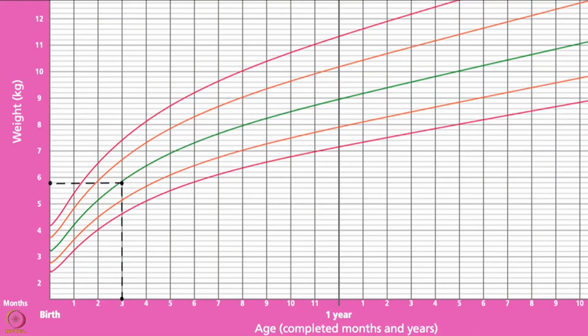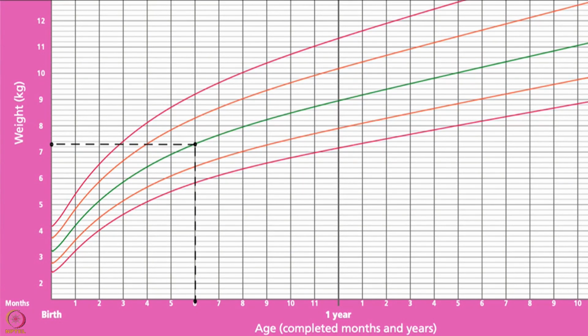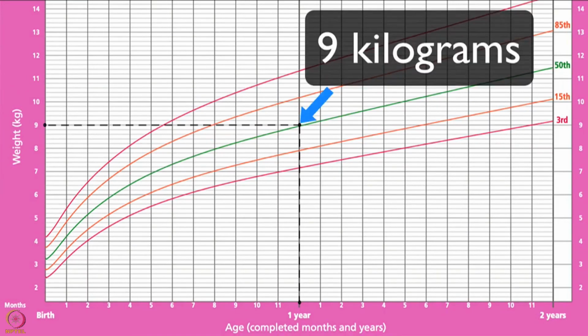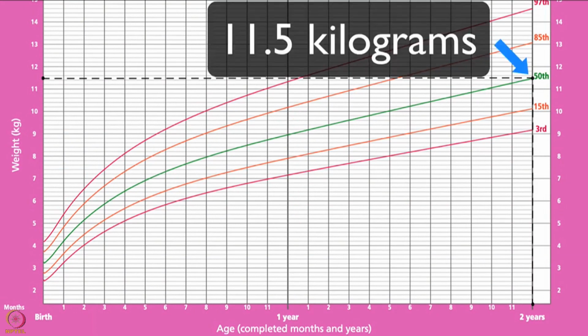At 3 months, it is 5.8 kgs. The average weight of a 6-month-old girl is 7.3 kgs. At 1 year, it is 9 kgs. At 2 years, it is 11.5 kgs.